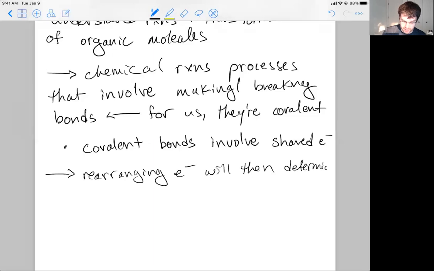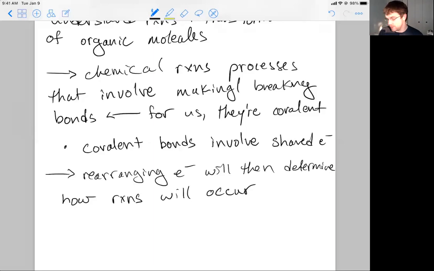If covalent bonds, the things that get made or broken as a result of a chemical reaction, involve shared electrons, it's the rearranging of these shared electrons that determines how reactions will proceed.